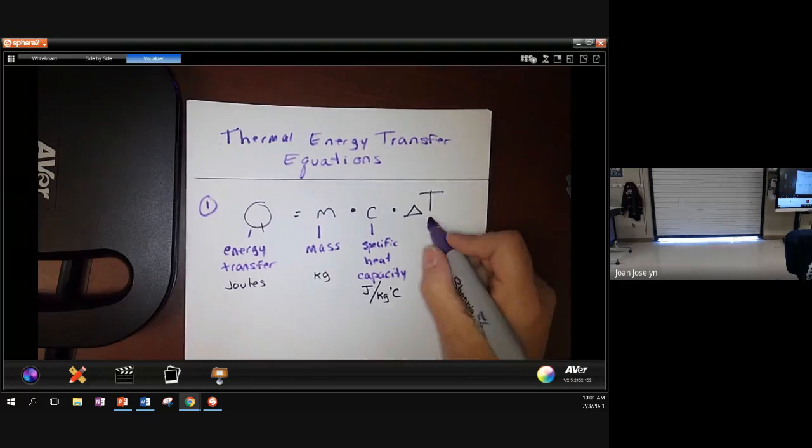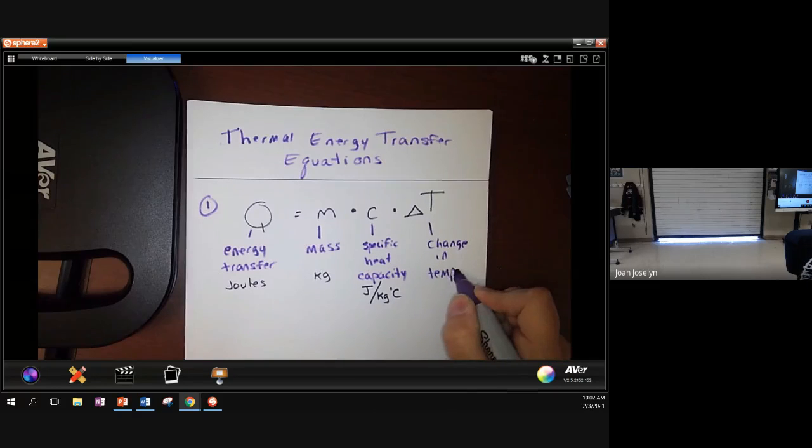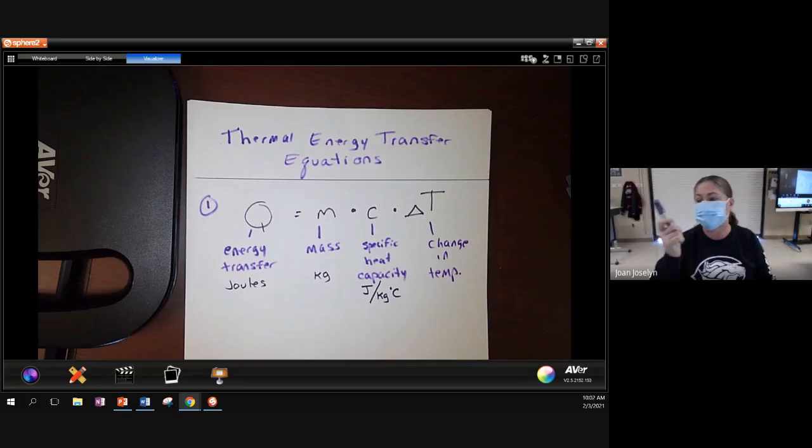Uppercase T is a change in temperature. The only time I ran into a problem with this is when I had an old school professor that gave us paper quizzes and tests. He was old school. He was super smart. He didn't have time to do tests.